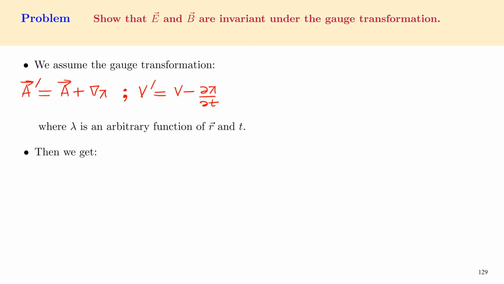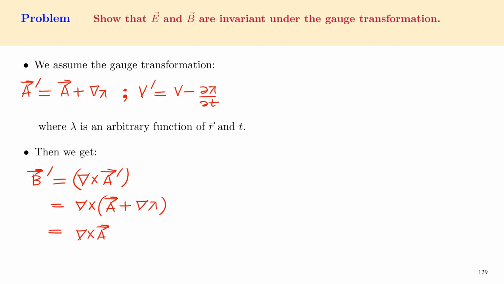Then for the magnetic field, we have B prime equal to del cross A prime, and this is equal to del cross of A plus del lambda, and this is equal to del cross A plus del cross del lambda.